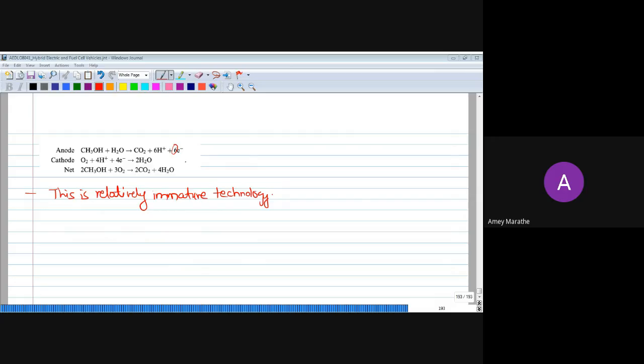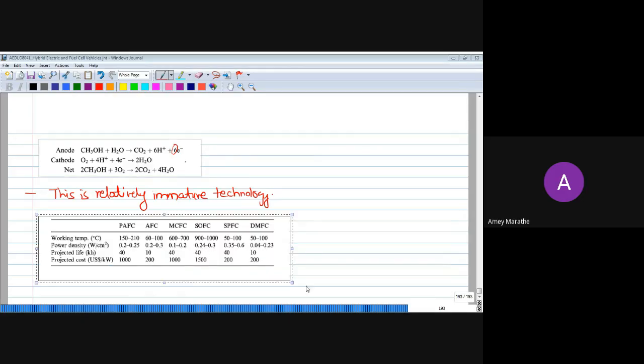Now, if I want to consolidate all the types of fuel cells into one, if you see this particular table, we started with the first one, second, third, fourth, fifth, and the sixth is what we discussed.